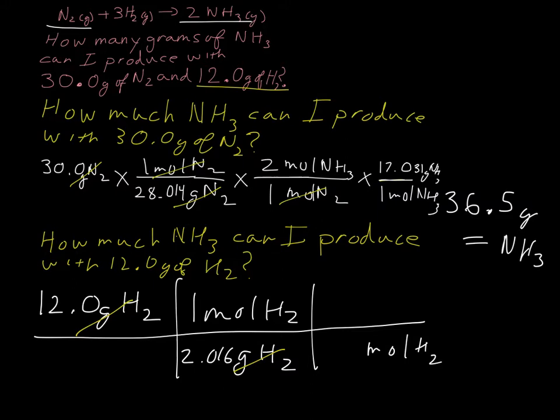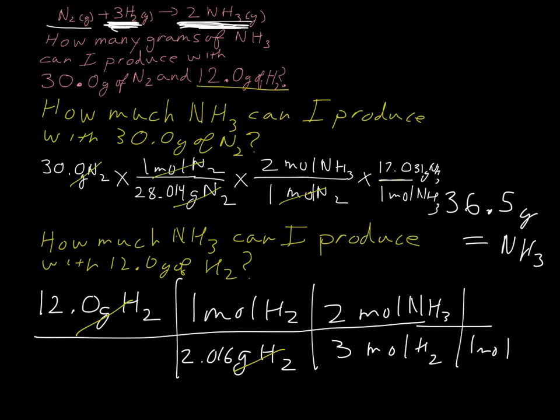And according to my equation up here, for every 3 moles of hydrogen I have, I can get 2 moles of ammonia. And for every 1 mole of ammonia, I don't want moles of ammonia, I want grams of ammonia. For every 1 mole of ammonia, I know that it has a mass of 17.031 grams of ammonia.